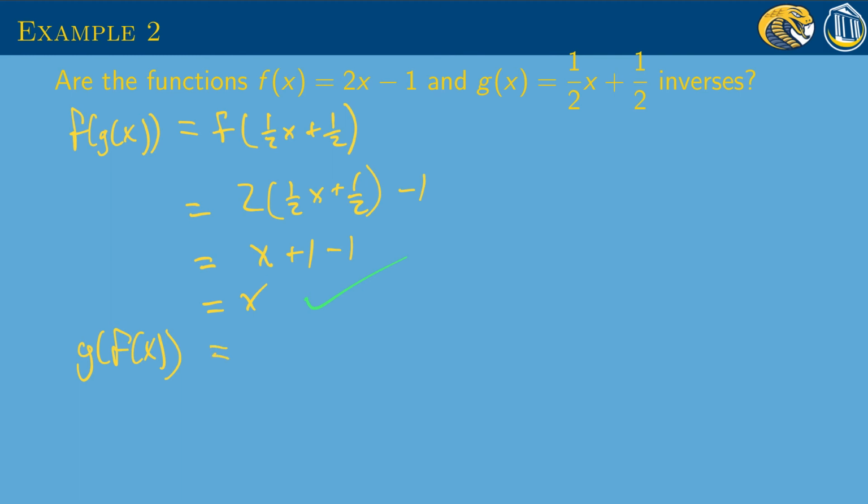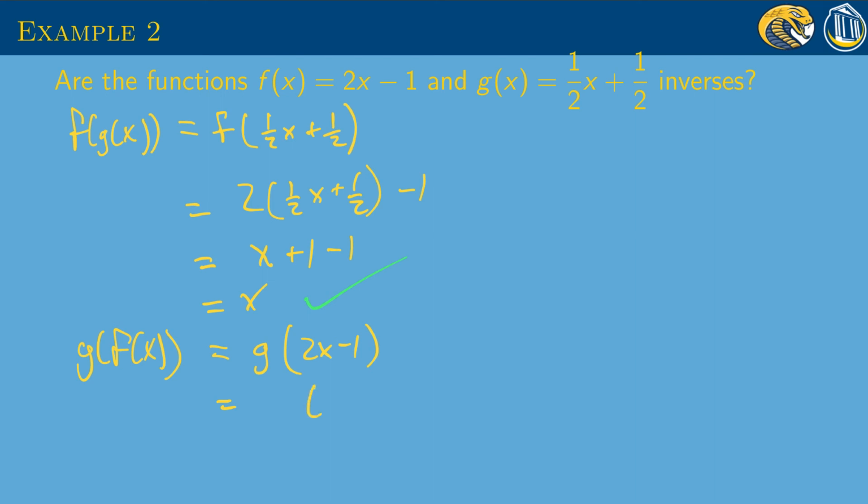But let's do the same thing. This time we're going to take f of x and plug it into our input for g. That is, we'll write g of 2x minus 1, and we'll ask, what does g do? G takes its input, multiplies it by 1/2, and then adds 1/2.